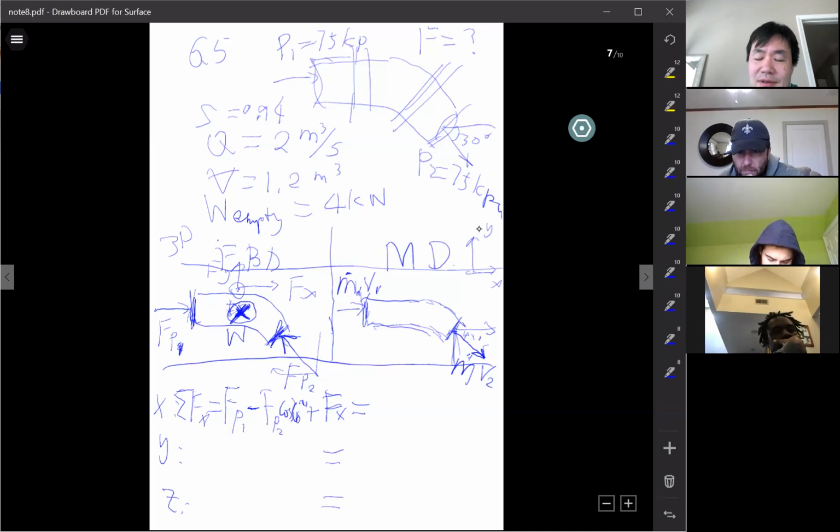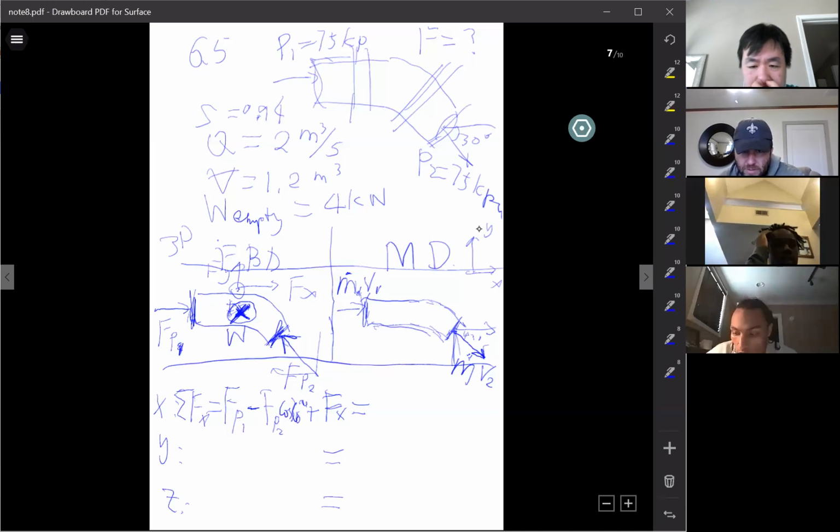Give me exactly the expression, don't tell me the sentence. m dot times the difference between momentum out in the x direction and momentum in the x direction. Devin, you can do it. M dot, open parentheses, V2 minus V1.